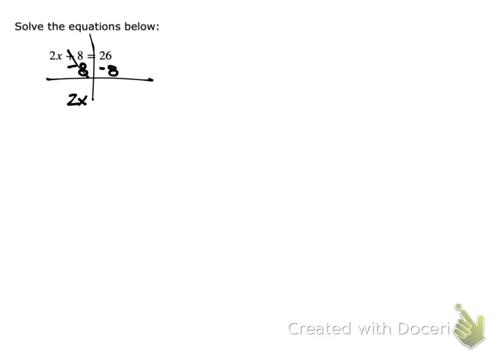So we have 2x equals 18. Then, because 2 is being multiplied by the x, I have to do the opposite. So I'm going to divide both sides by 2. And x would equal 9. That would be my final answer.